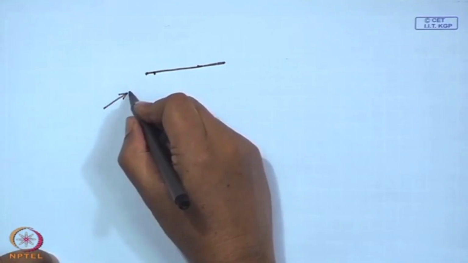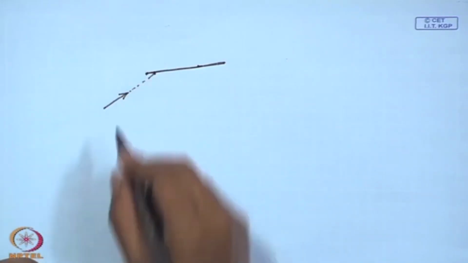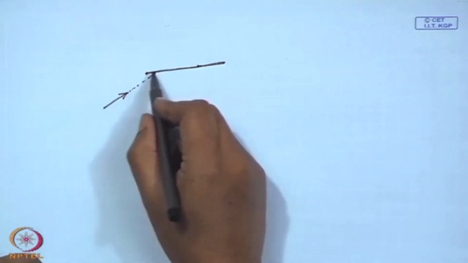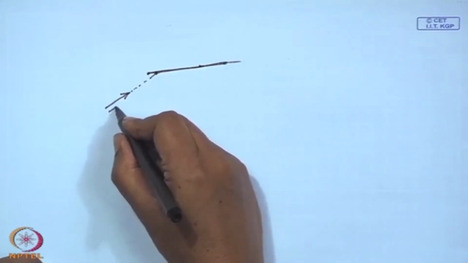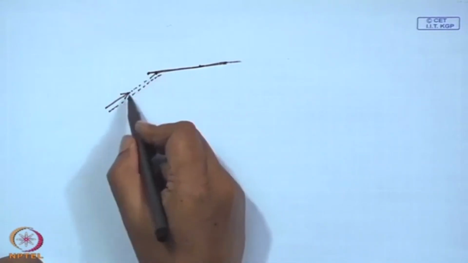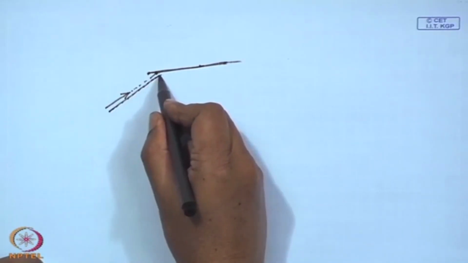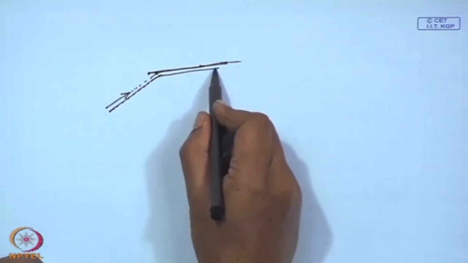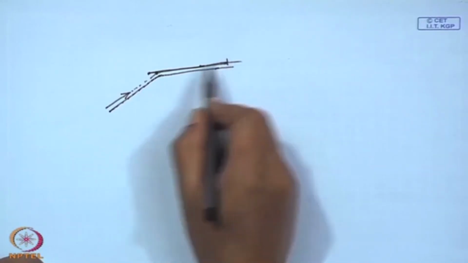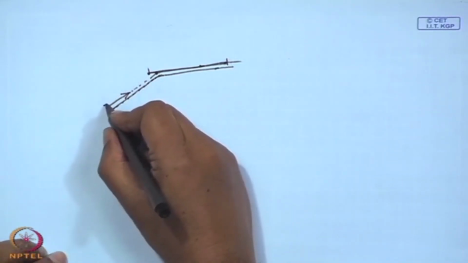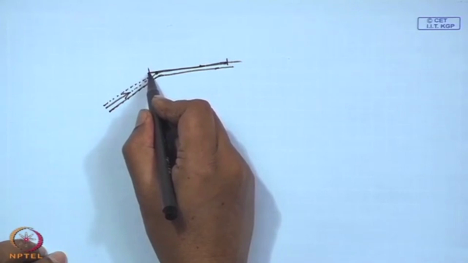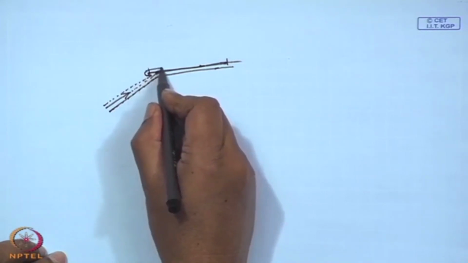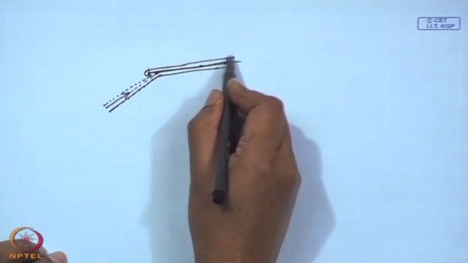Then think about two streamlines adjacent to this. This is of course now becoming the body itself, and another streamline here is following parallel to this body. Another streamline which is ahead of it is going here, then turning and again becoming parallel to this.